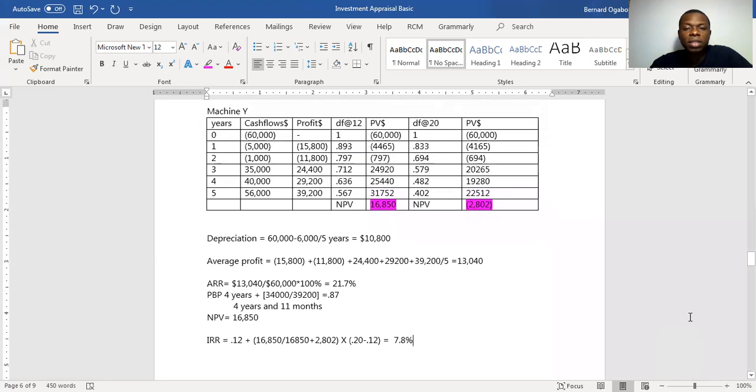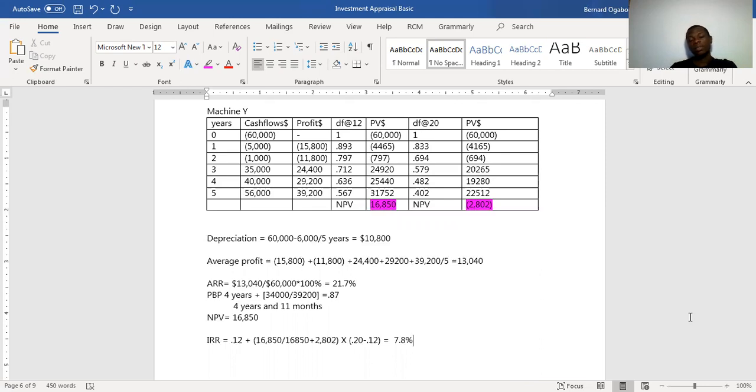So if you are looking at accounting rate of return, payback period, and internal rate of return, the company should choose project X. But if you are looking at the net present value, the company should choose project Y. That's machine Y. Overall decision.